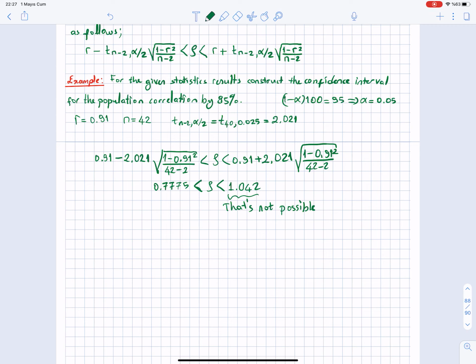So in this case, you need to modify this. The lower bound is okay, 0.7775. So you can get at most 1 for the correlation coefficient, so you can also have equality for the confidence interval.